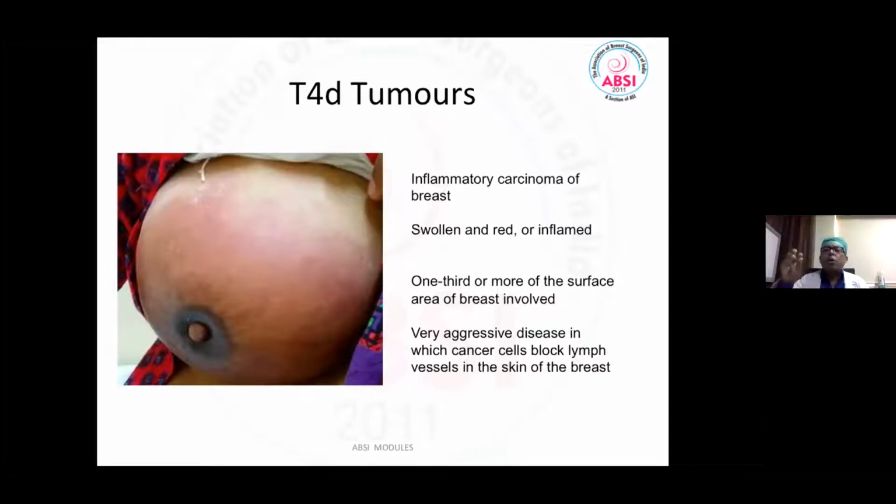But if you have a localized area of peau d'orange above a lump, that does not categorize as a T4d lesion, it would categorize as a T4b lesion. So you need to understand the most important consensus statement: signs of inflammation, ill-defined lump, and at least half of the breast, or one-third of the breast, to be involved to categorize it as an inflammatory carcinoma.